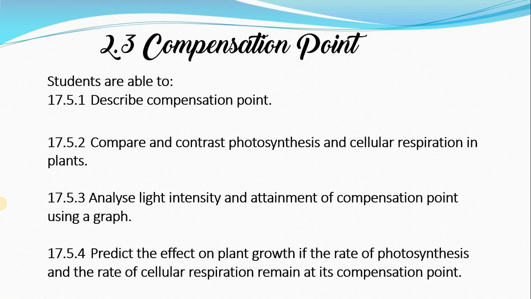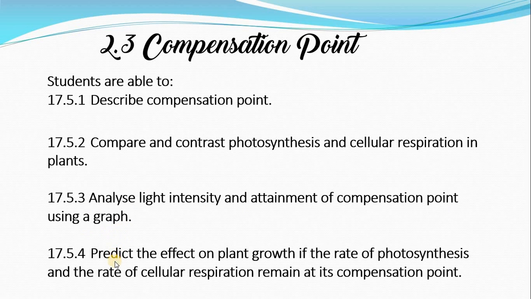Number one, describe compensation point. Number two, compare and contrast photosynthesis and cellular respiration in plant. Number three, analyze light intensity and attainment. Attainment refers to the achievement of compensation point using a graph.